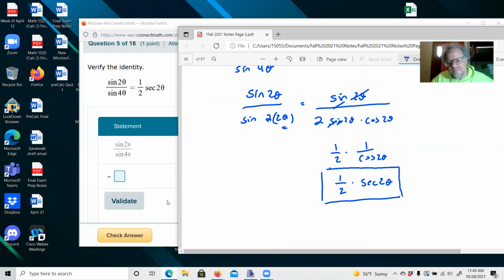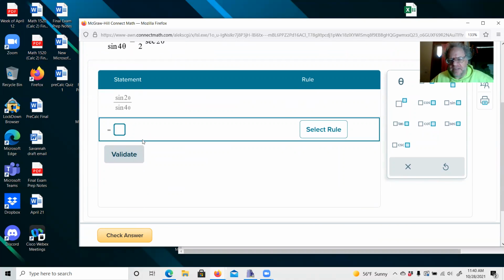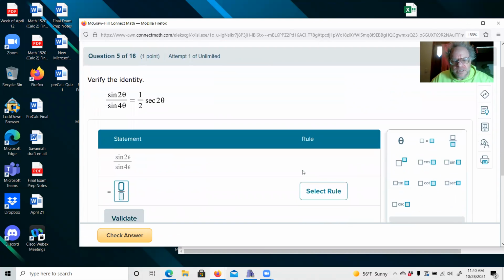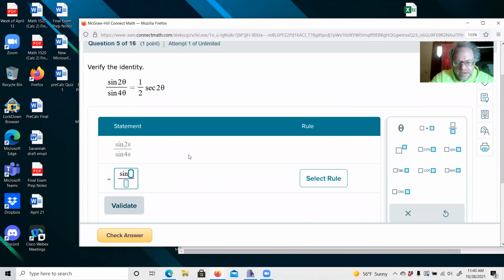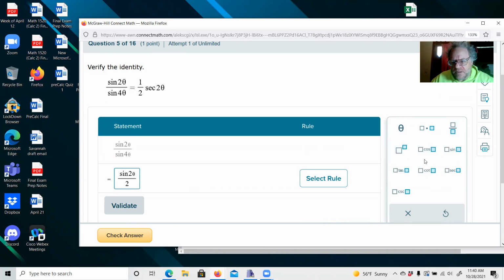So let's make it pretty now. We need a fraction. So we're going to do sine of 2 theta divided by 2 times sine of 2 theta times cosine of 2 theta.